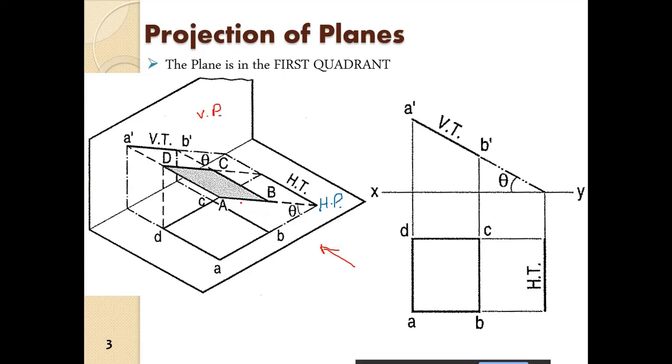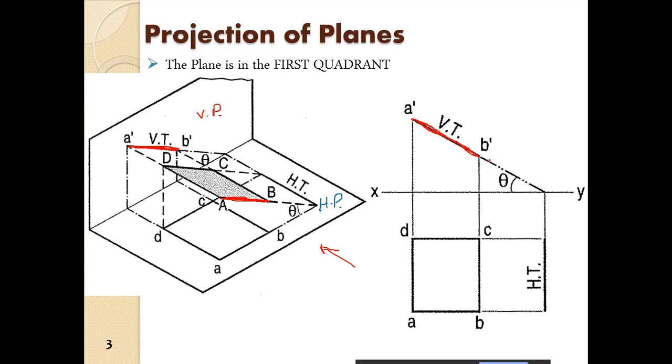If we see from the front, we will see the edge AB being projected on the vertical plane at an angle of theta, which is given. We draw the edge AB, which happens to be also the vertical trace, because if this plane is extended, it will intersect the vertical plane at this line.